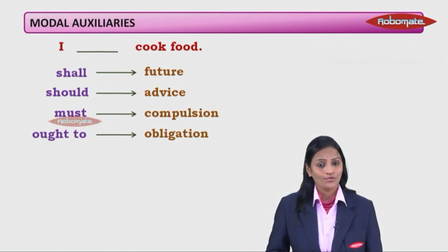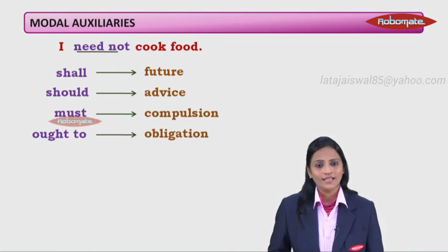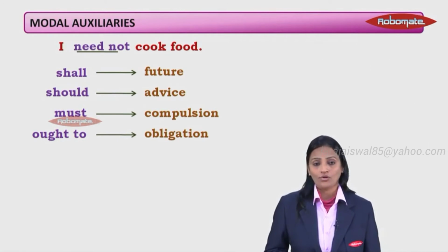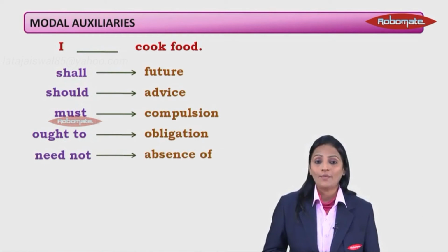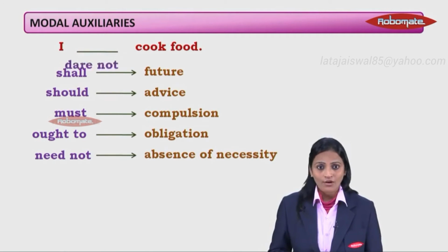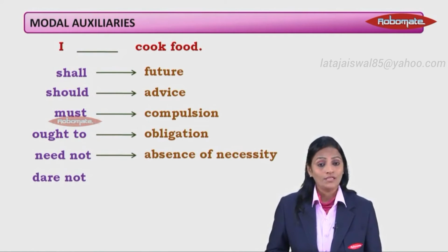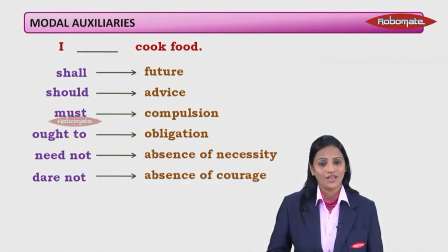Something I need to do, something I should do, something which is morally correct. If I say I need not cook food, that means there is no need to do it. So it is absence of necessity. And if I say I dare not cook food, that means I will not have the courage to do so. So it is absence of courage.